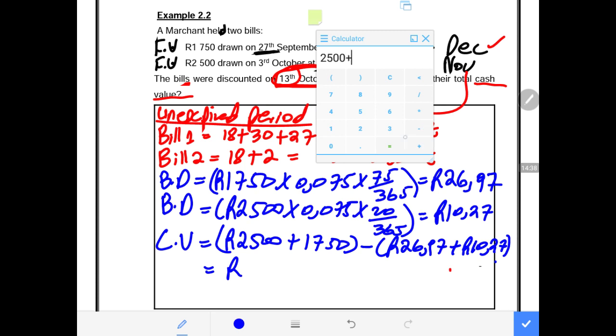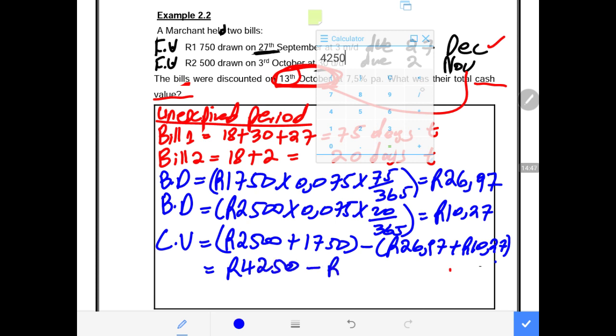2.5 plus 1,750, it is 4,250 minus the total interest, which is 26 rand 97 plus 10 rand 27.